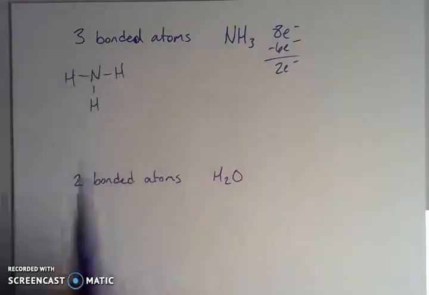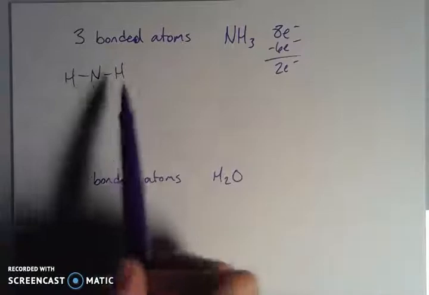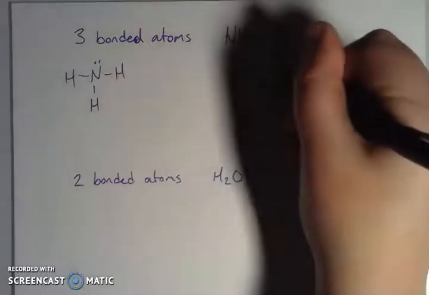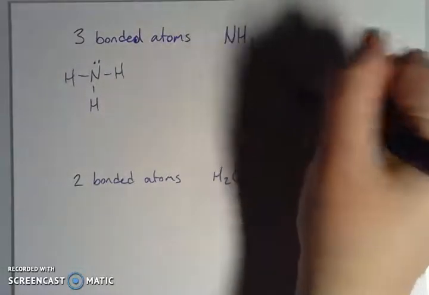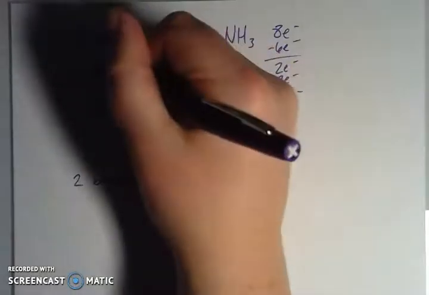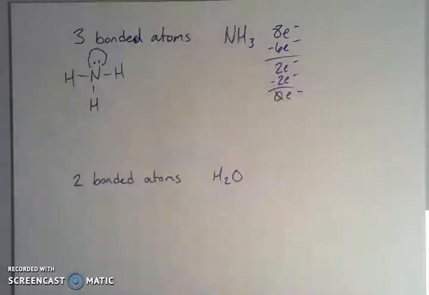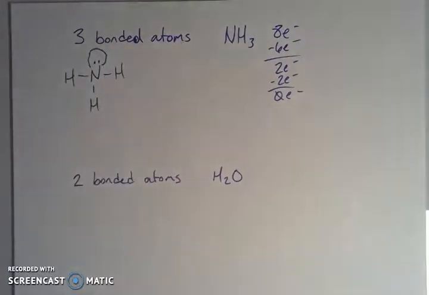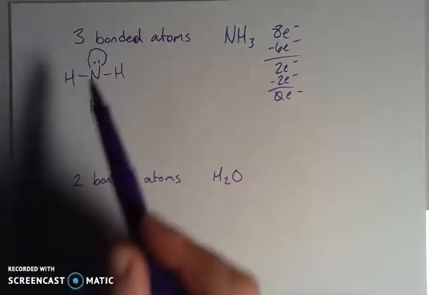My hydrogens are all happy, so normally I would put them on the outer atoms first, but because they're already full, because they're hydrogen, I'm going to put that leftover pair on my central atom, and that uses up all 8 of my electrons. So I'm going to highlight my lone pair here with a bubble, which I think shows that there's some space that is taken up by this lone pair.